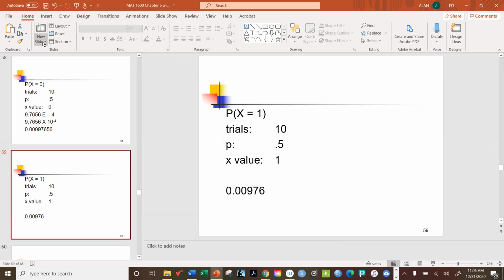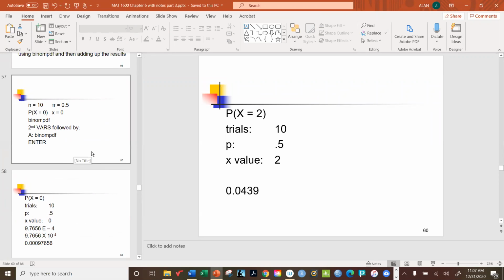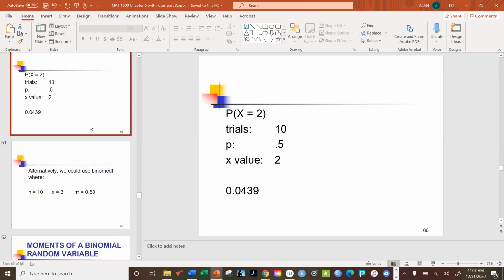Then let's do the same thing for 2: 0.0439. Then we need one more for 3.